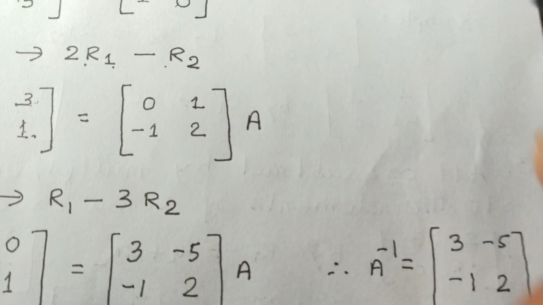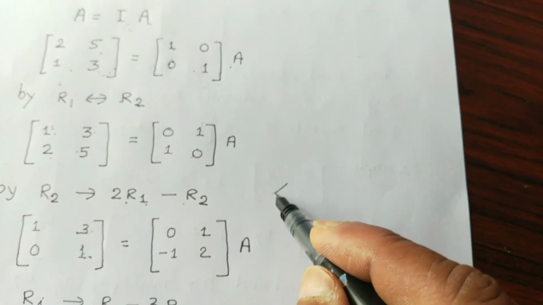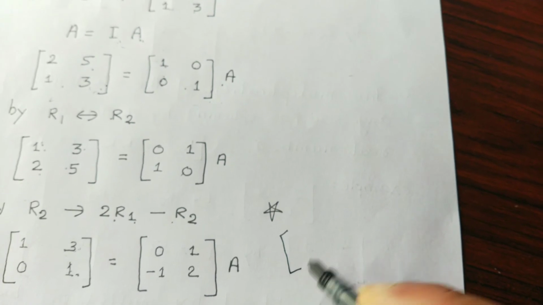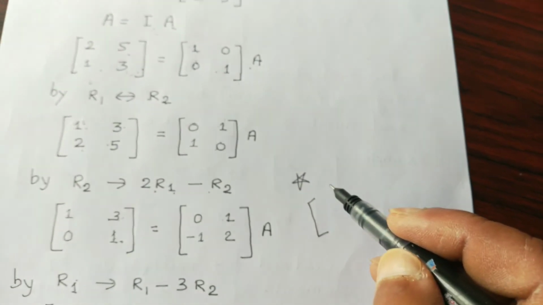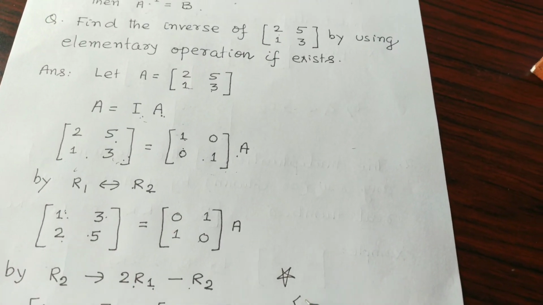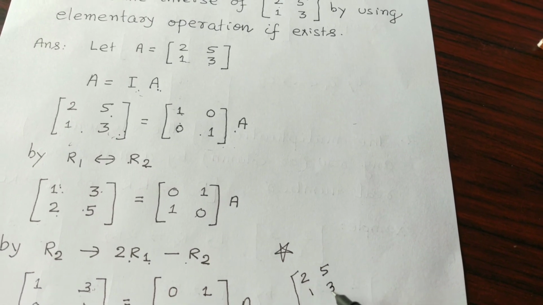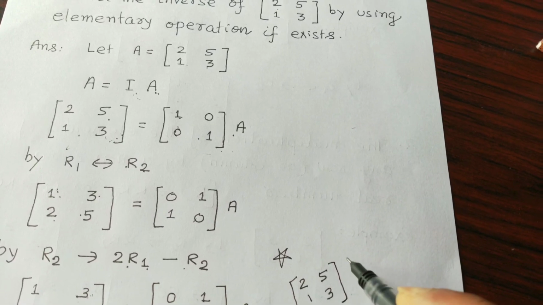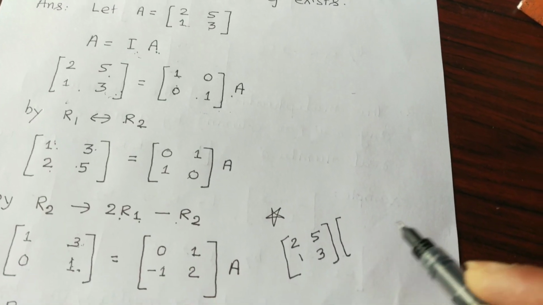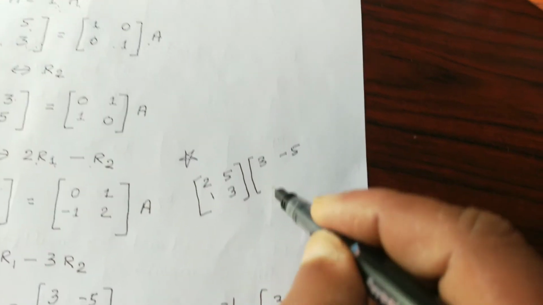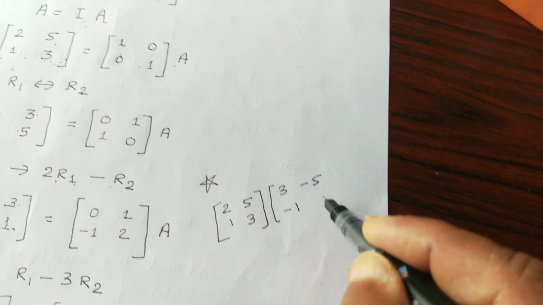Now, what I can suggest, just to verify, you multiply A, the given matrix, that is 2, 5, 1, 3, and the inverse you got just now, that is 3 minus 5 minus 1 and 2.